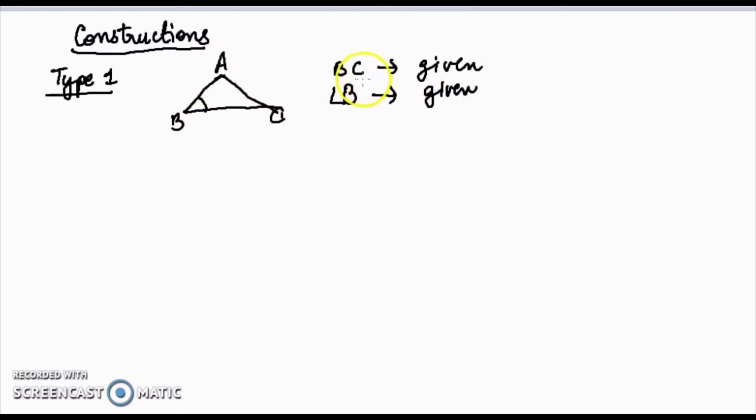So apart from BC, the other two sides are AB plus AC. This is also given. This is one type of construction.